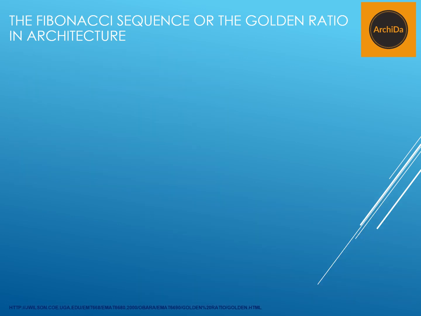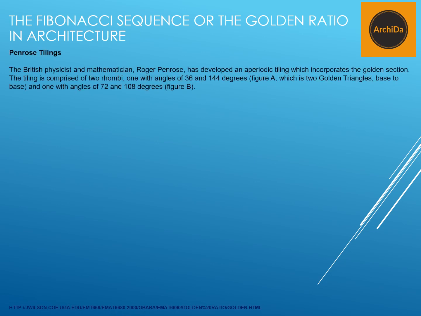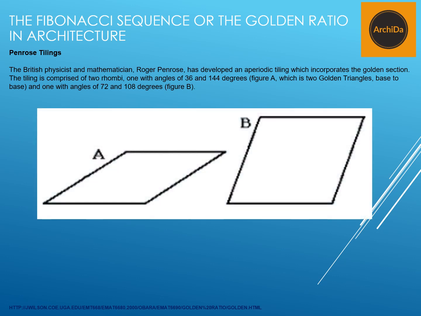Another geometric form is called Penrose tilings. The British physicist and mathematician Roger Penrose has developed an aperiodic tiling which incorporates the golden section. The tiling is comprised of two rhombi, one with angles of 36 and 144 degrees, which is shown in figure A, and one with angles of 72 and 108 degrees, shown in figure B. So when a plane is tiled according to Penrose directions, the ratio of tile A to tile B is the golden ratio.